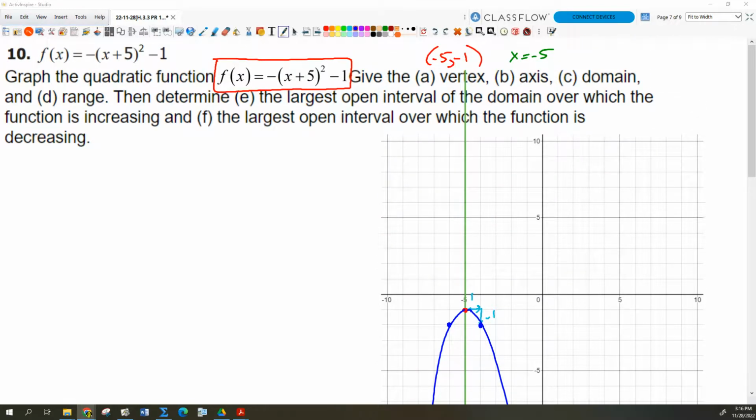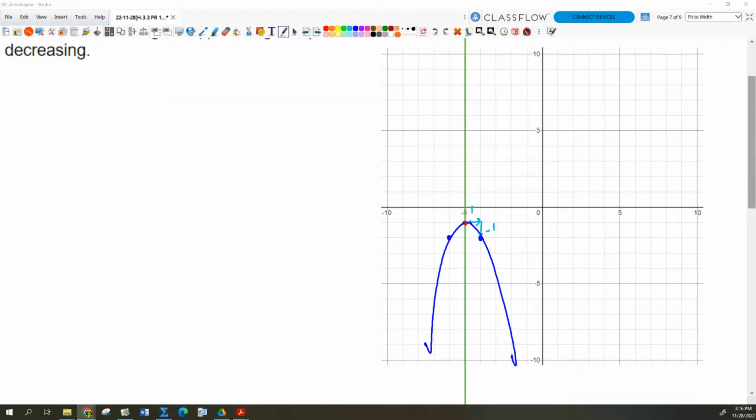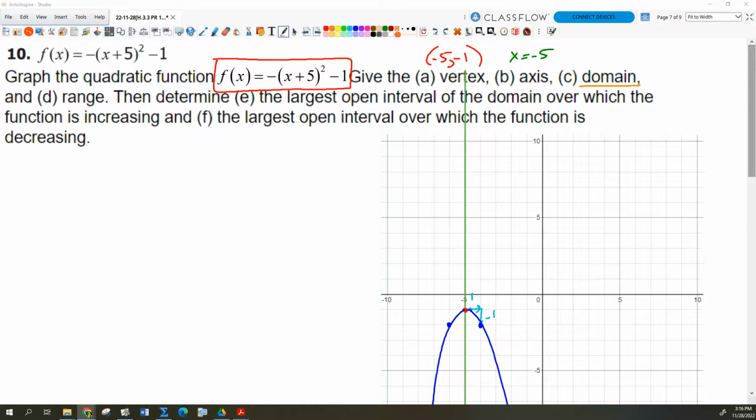Okay, what's the domain? What's the domain of this graph? For every parabola, it's all reals, isn't it? What's the range? -1 to -infinity.